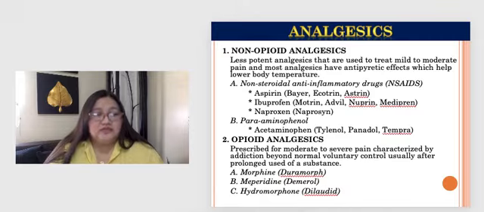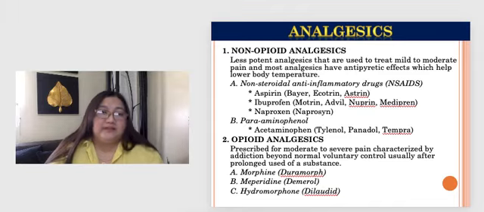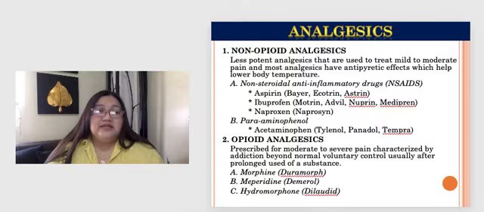Second difference is paano mo siya mapoprocure. Non-opioid analgesics are over-the-counter drugs. So, pwede mo siyang bilhin kahit walang reseta. Pero yung opioid analgesics, they require prescription. In fact, special prescription siya nung mga doktor na meron ding license dun sa mga opioid drugs.